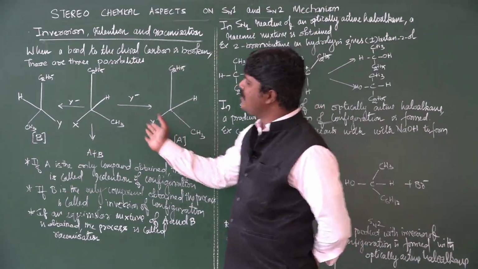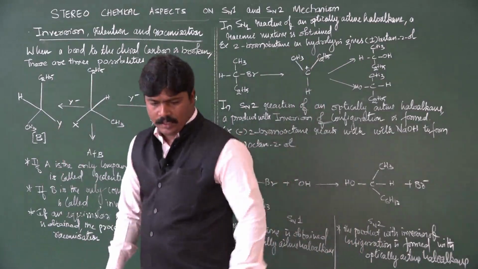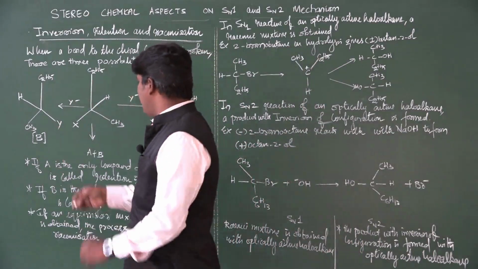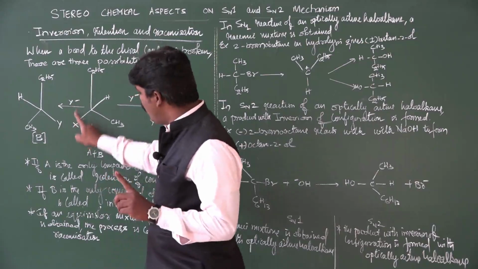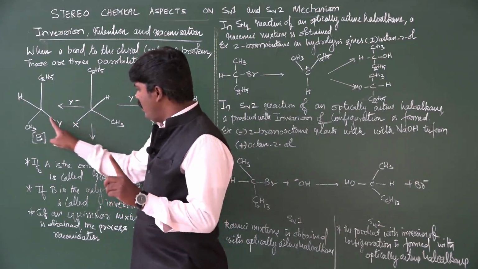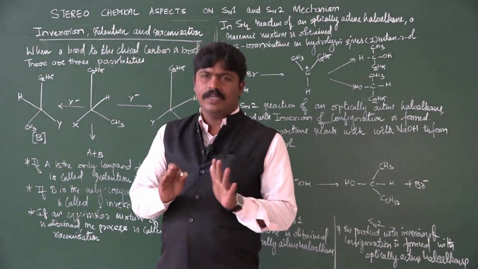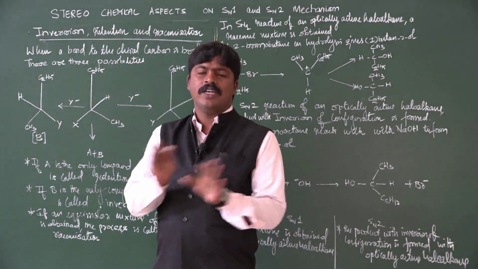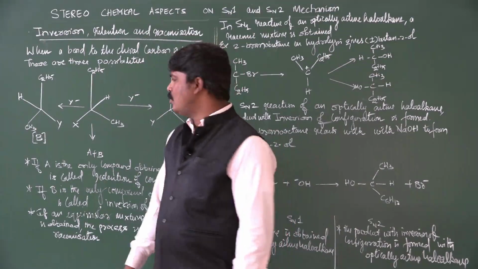One more possibility is B. Now Y is going to replace X here, but see the idea here. When Y replaces X, the bond around the chiral carbon stereocenter undergoes a change, and the process is called inversion. So what is happening?